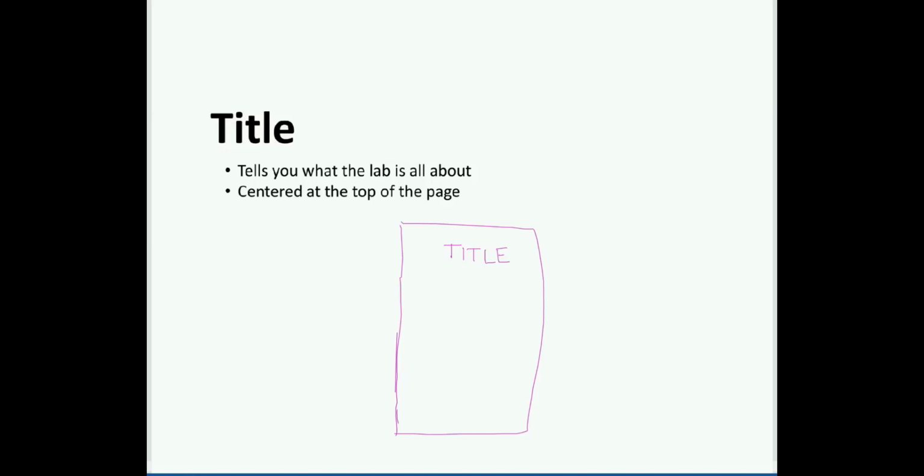Your title will be like this, underneath, and then your different sections will be like this. You're going to label each section. So this would be the title of the section.